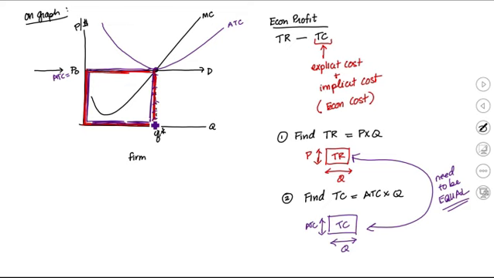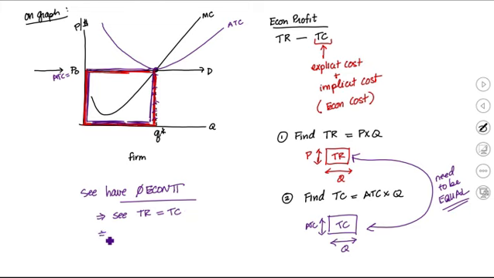On the graph here, we see that we have zero economic profits. How do I know that? Because we see that total revenue exactly equals total cost, where total cost is reflecting our opportunity cost, so it's an economic cost.